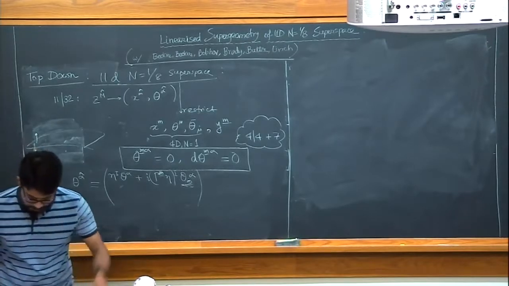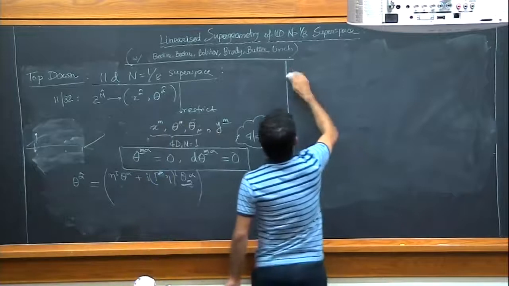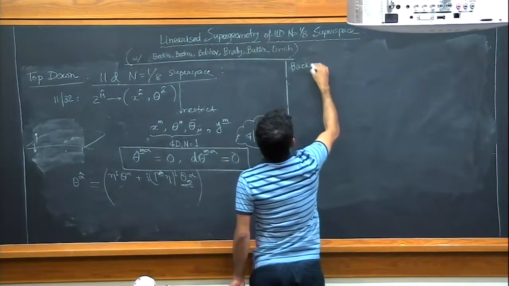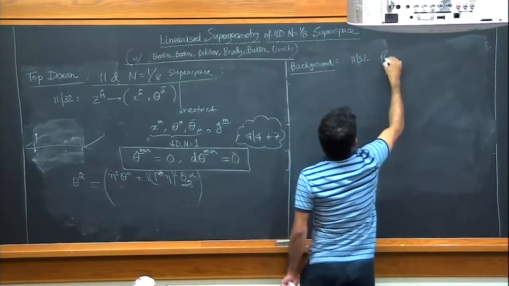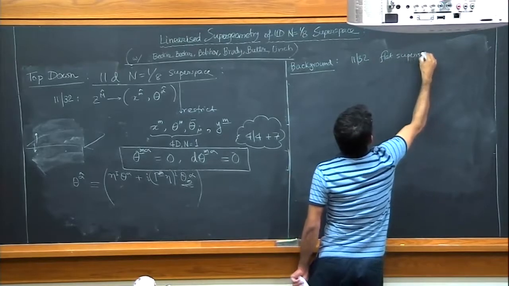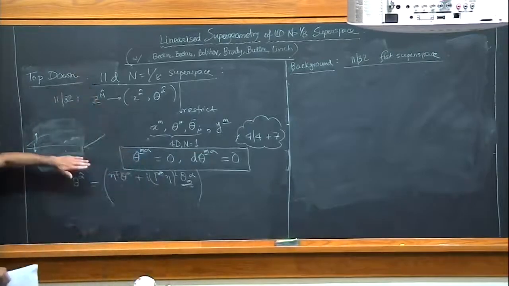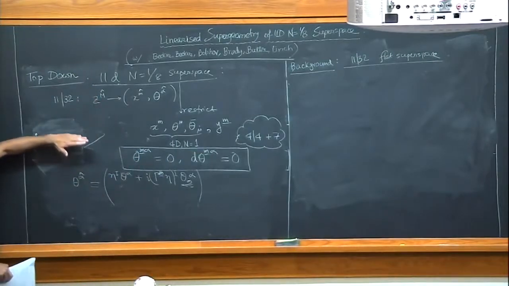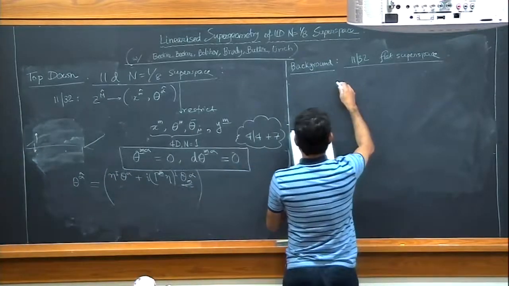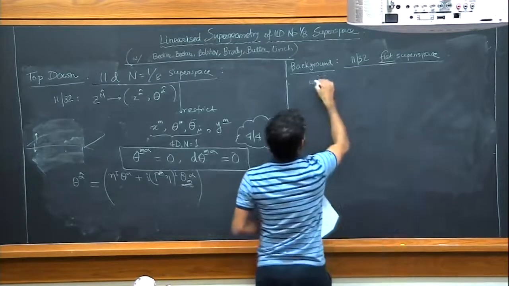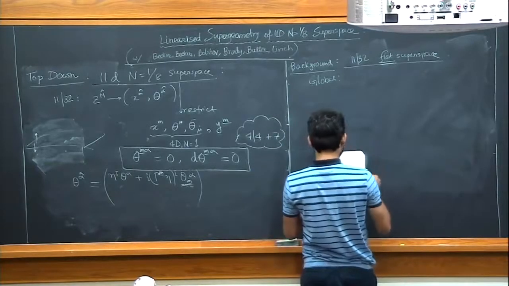All right. So the background around which we are doing this, the 11|32 flat superspace, is the full guy, and then we are constraining ourselves to this 4|4 plus 7 subspace of it. So that background being flat means you can choose a global vielbein. Okay, so a global vielbein of this form can be chosen.